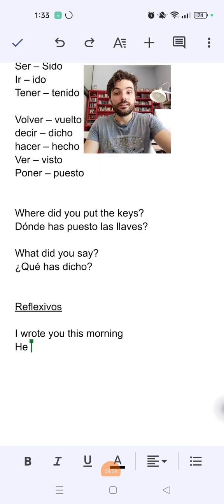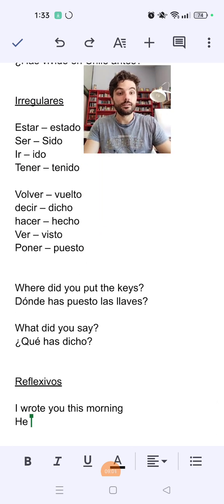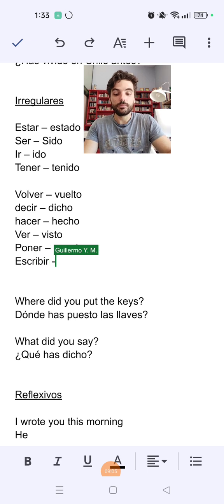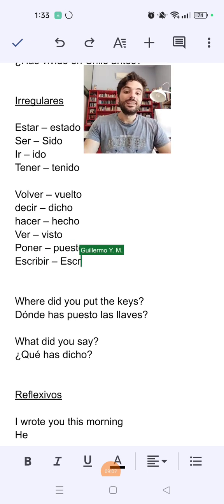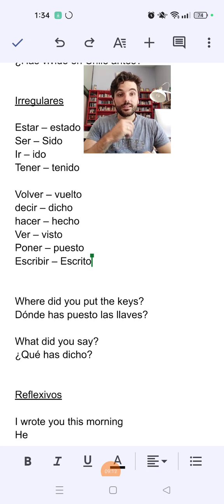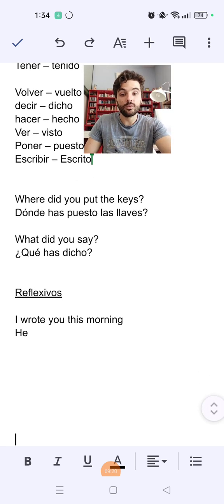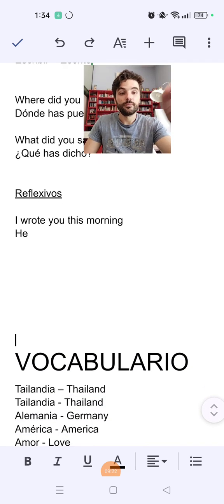And then this one is also irregular. Escribir. Usually it's not irregular. Escribir becomes escrito. All right, you have to accept this idea of the irregulars and just trust that you will understand it and you will use it in the future.